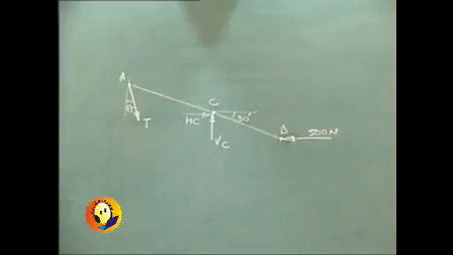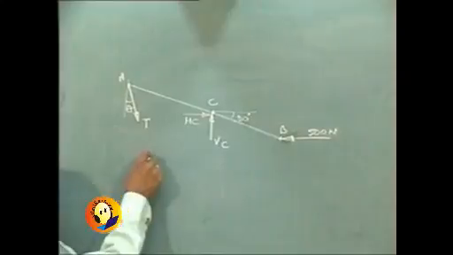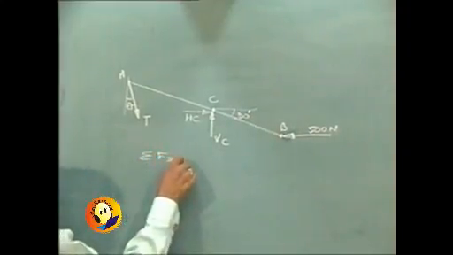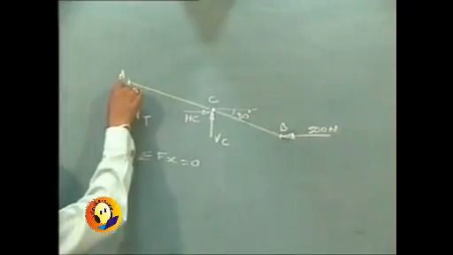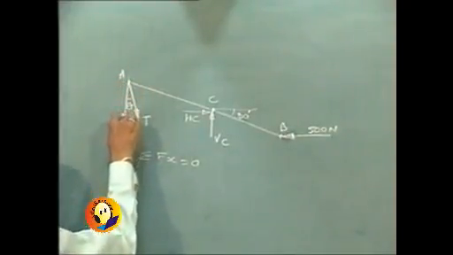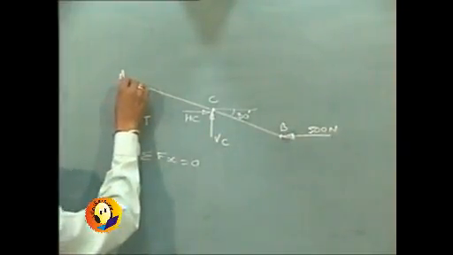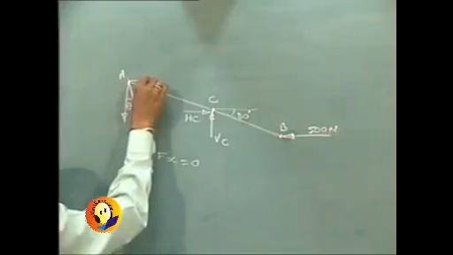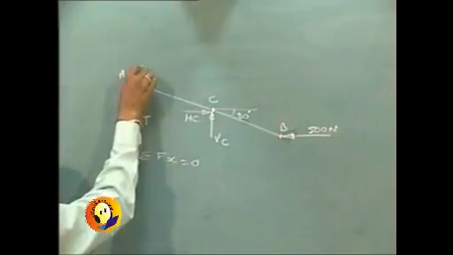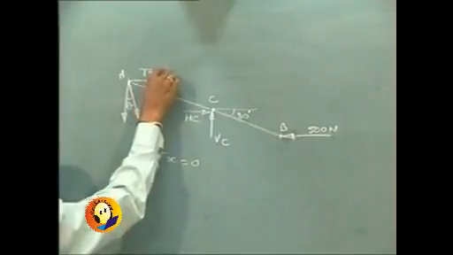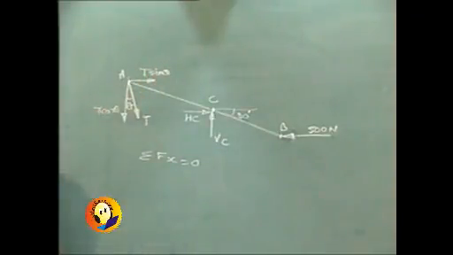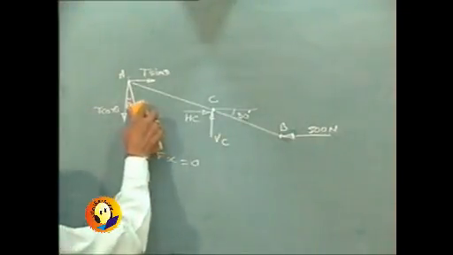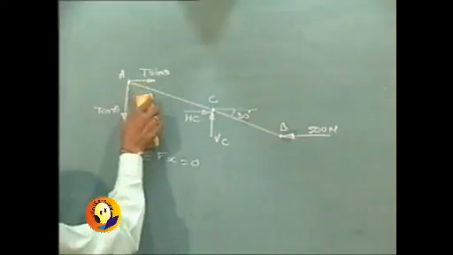Now our standard equations are to be used. Sigma Fx is equal to 0. This force T can be well split into horizontal and vertical components. In this case, the horizontal component will be T sin theta and the vertical component will be T cos theta. So force T can be eliminated in terms of its components.